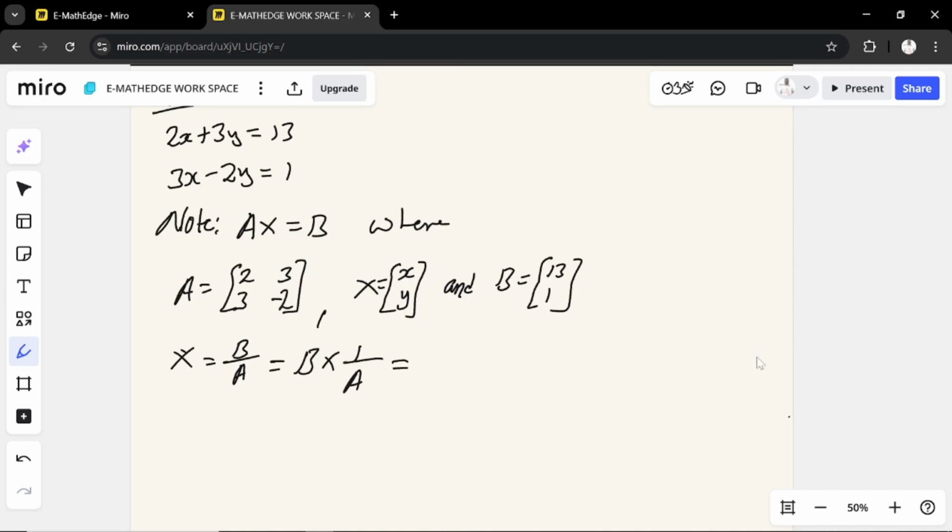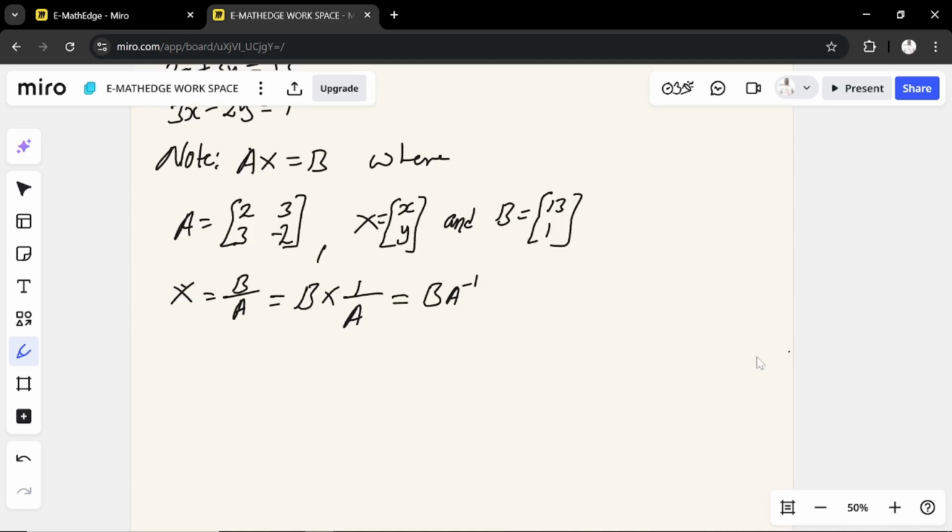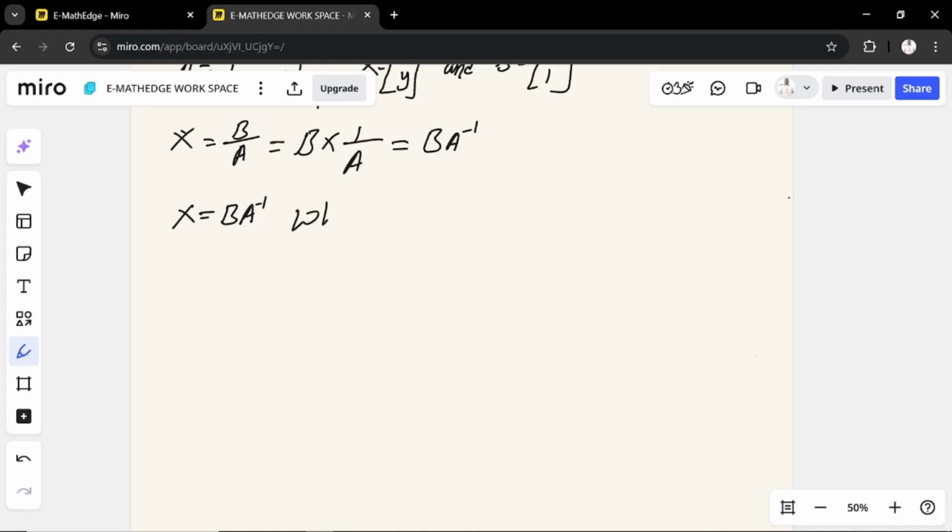This can simply be expressed as B A to the power of negative 1, or B multiplied by the inverse of A. So in a nutshell, the subject of the formula, X, is matrix B multiplying the inverse of A, where matrix B is 13 and 1, right?